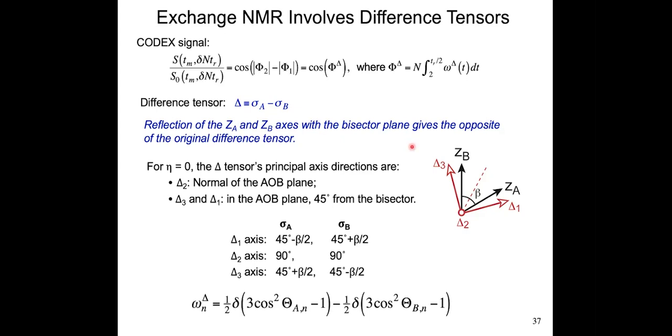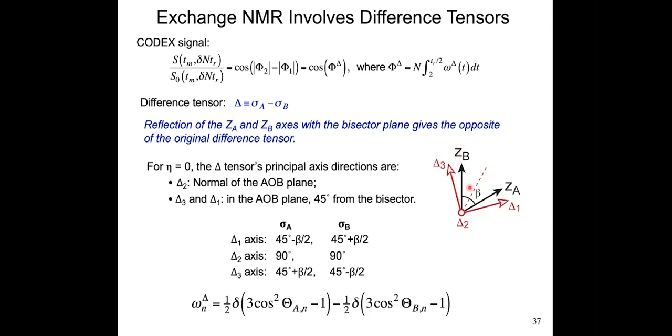All right, so let's see if we can understand this. Reflection of the ZA-ZB axis with the bisector plane should give me the opposite of the original difference tensor. So if I have uniaxial interactions to start with, the easy one is always, let me take a perpendicular one to both initial vectors, or both ZA and ZB. And then I should have one axis in a transverse plane, which is on one side of the bisector, and then the other axis on the other side of the bisector.